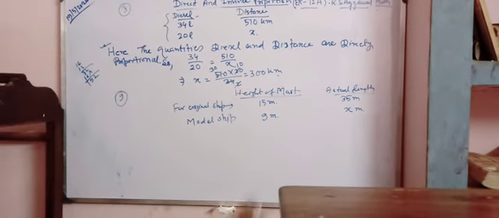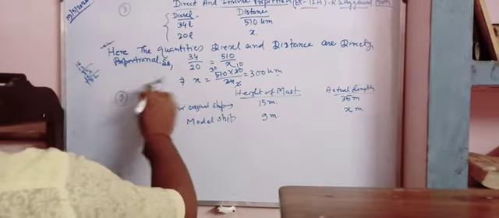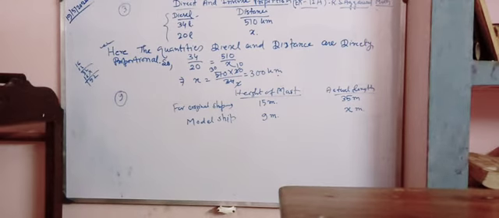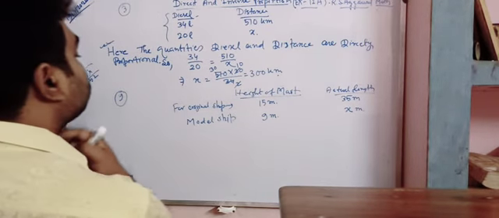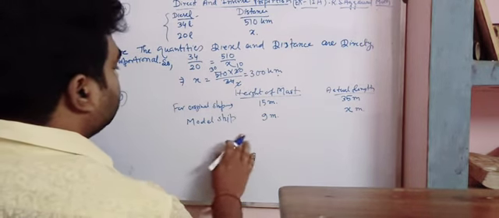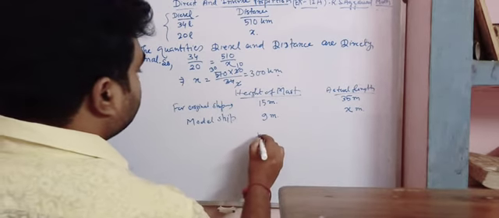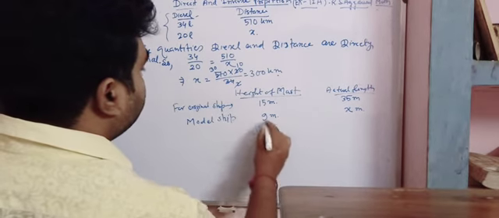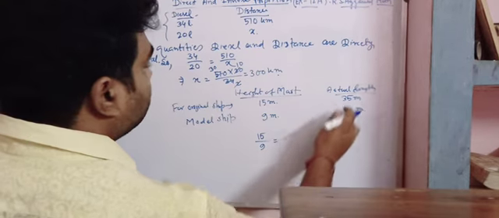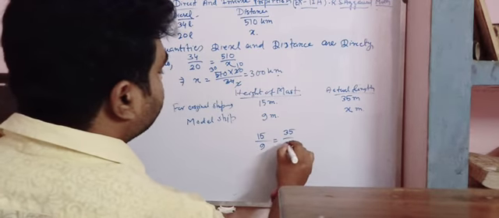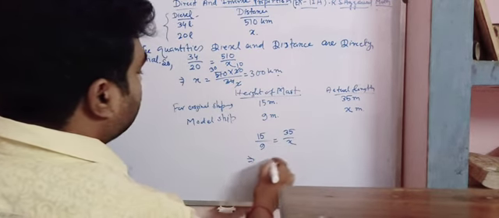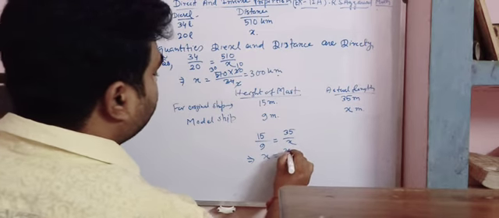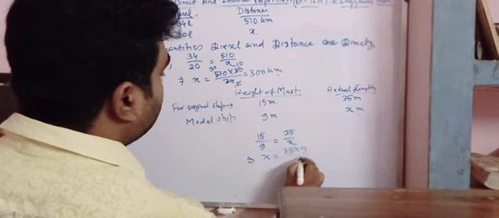So these two quantities vary directly. Let us come to the solution. Since it is direct variation, we can write 15 by 9 equal to 35 by x. From here, x equals 35 into 9 by 15.